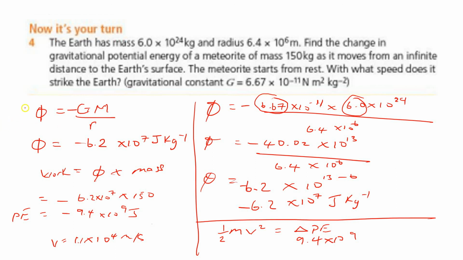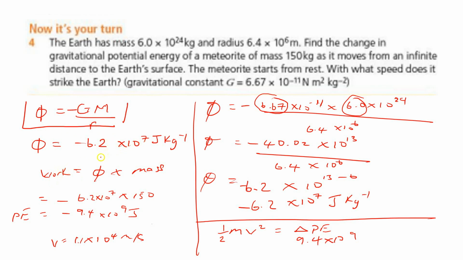If we start out with the equation that says gravitational potential is equal to minus GM divided by r, that gives us a value of negative 6.2 times 10 to the 7. I think it's joules per kilogram, because you're dividing work by mass.